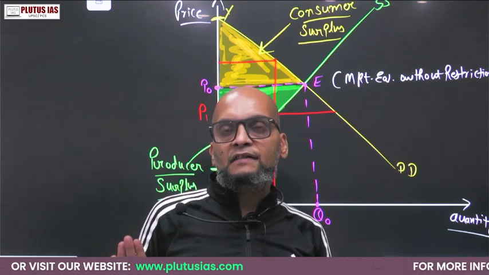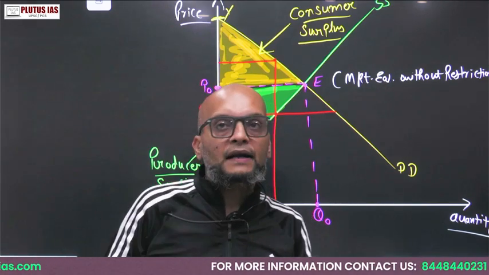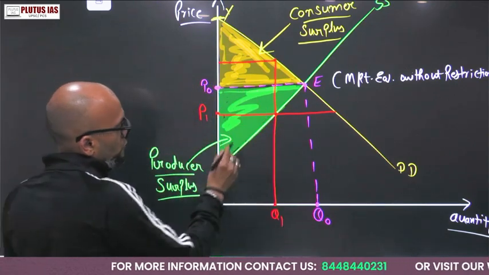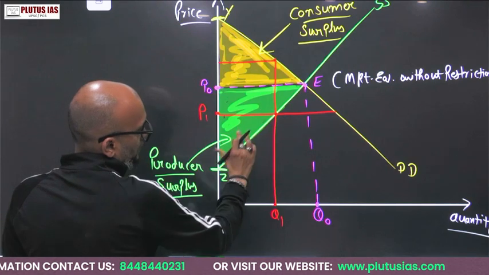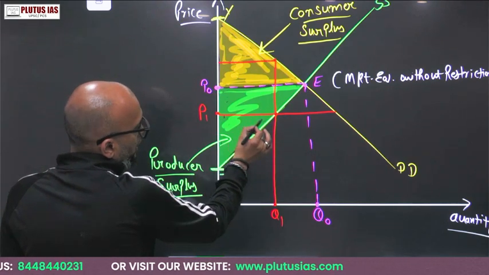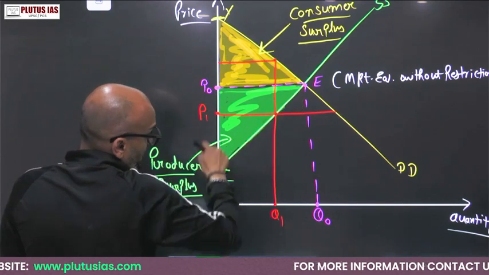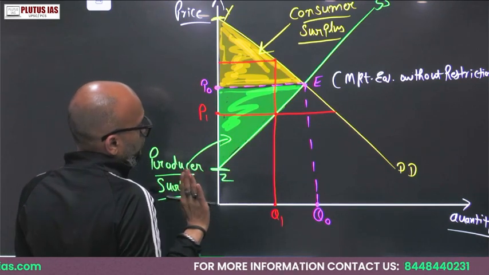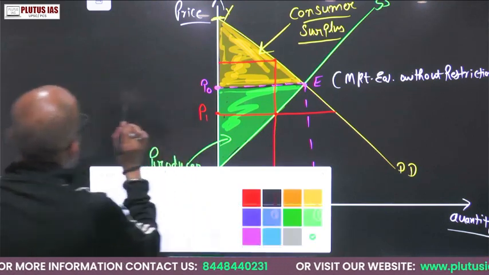Whenever price ceiling will be done, producer surplus is always going to decline, as you can observe here also. Now, this area is your producer surplus. Initially, without price ceiling, this entire triangle was the producer surplus. So what has happened? Producer surplus has declined or not?